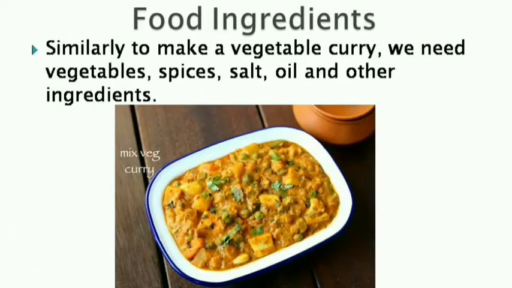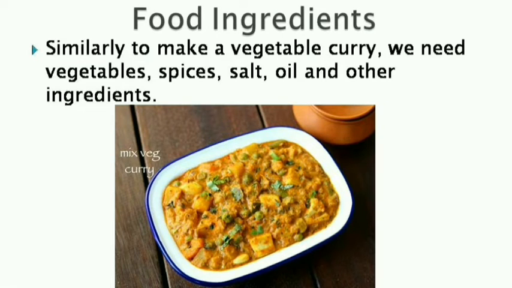Similarly, when we make a vegetable curry, it requires vegetables, spices, salt, oil, etc., which may come from an animal, plant, or sea, like the salt which is obtained from the sea. Vegetables, spices, and oil come from a plant source.